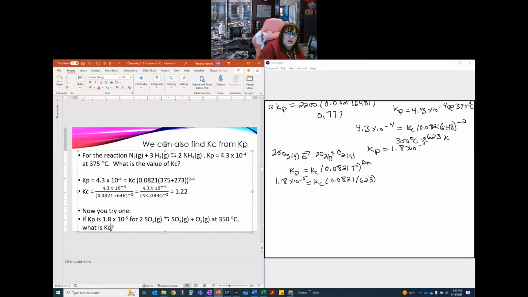And my delta N, number of moles of reactant gas, I have 2. And then there are 2 on the reaction side. So my delta N is 0. When that happens, this term goes away, and Kp equals Kc, which is 1.8 times 10 to the -5th. Anything raised to the 0 power ends up being 1, so that term goes away.